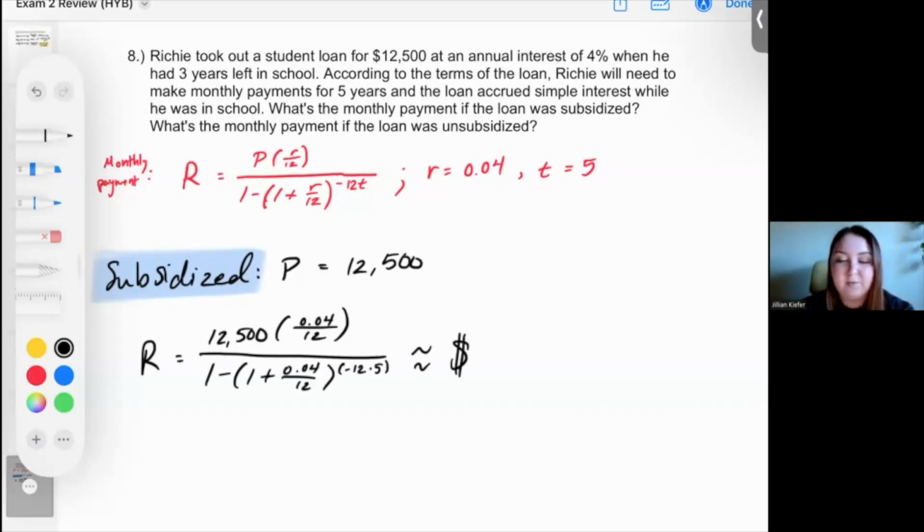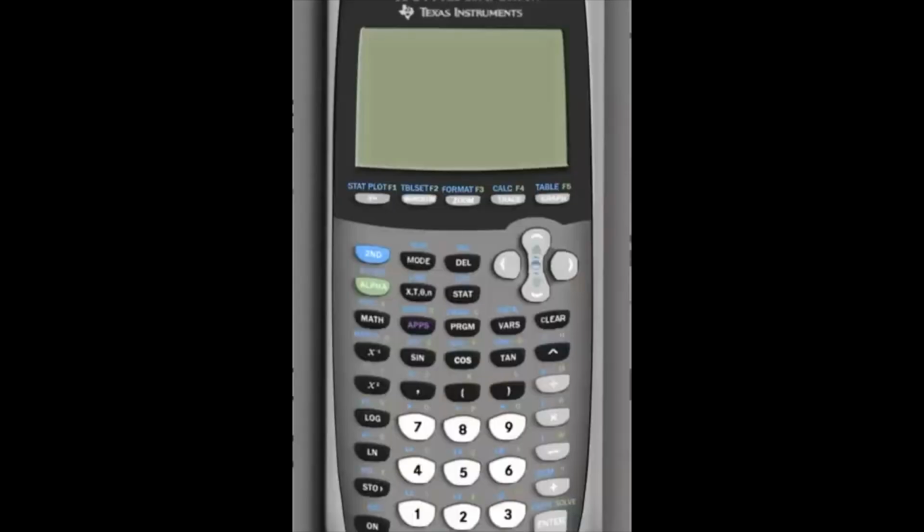And this is a more difficult formula here, so we're going to use our calculators together. All right, so we're going to go ahead and plug in everything, starting with our numerator: our principal, 12,500, times our R over N portion, which does need to be separate, so some extra parentheses there. Then our numerator is divided by what's in our denominator, starting with 1 minus our whole big chunk with the exponent.